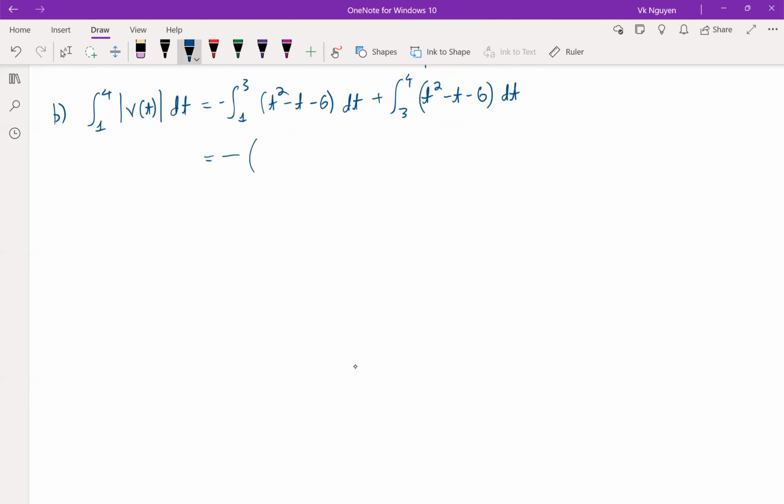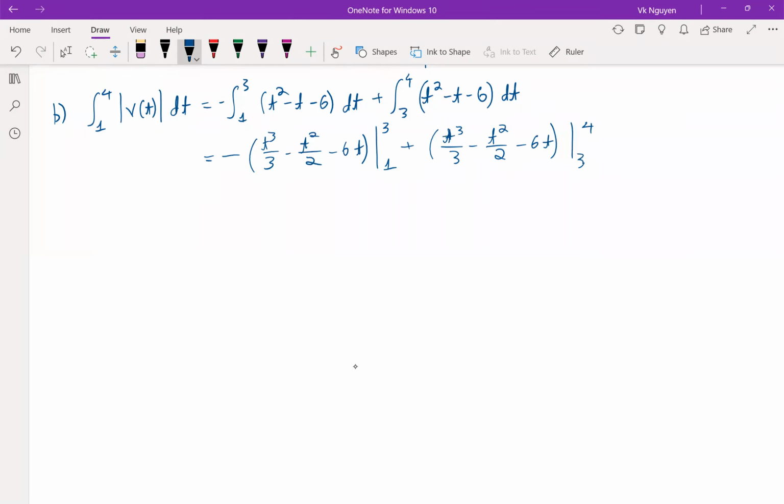Negative, t cubed over 3 minus t squared over 2 minus 6t, from 1 to 3, plus t cubed over 3 minus t squared over 2 minus 6t, evaluated from 3 to 4.